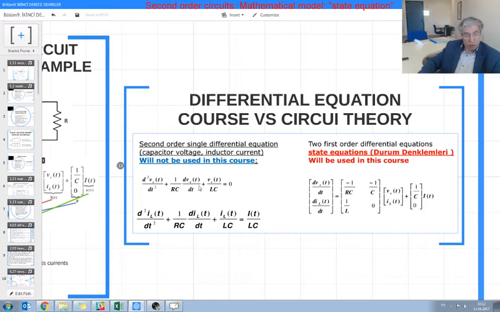The solution of this is mathematically going to be the same solution that you find here.